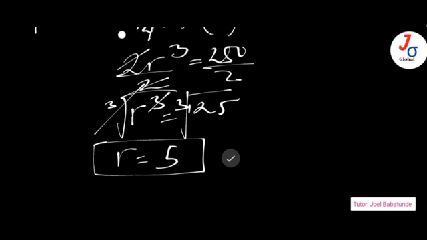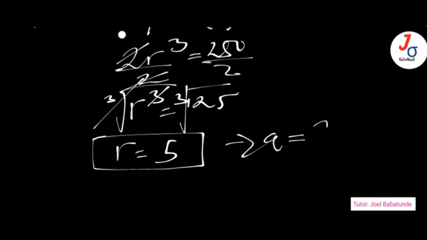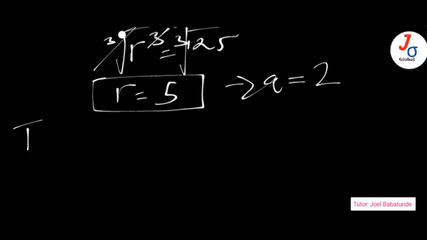So since we have our A is also equal to 2, we can find our second term, which is our P. Remember that Tn equals to what? A R raised to n minus 1, right? So what's our A? Our A is 2.